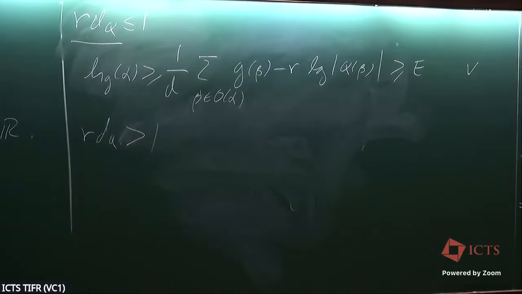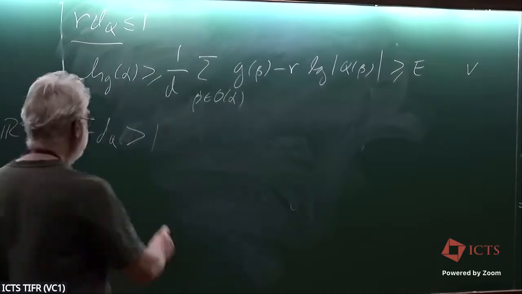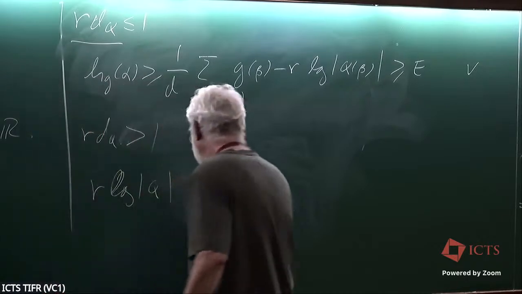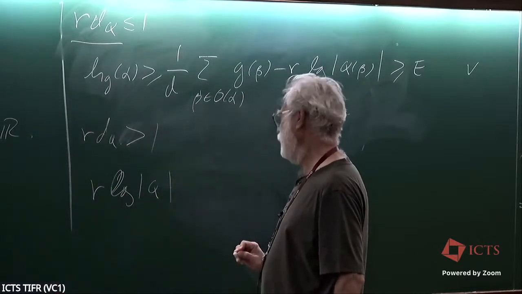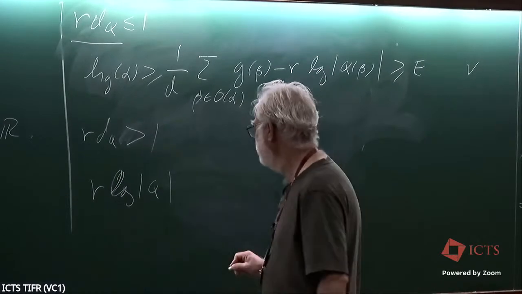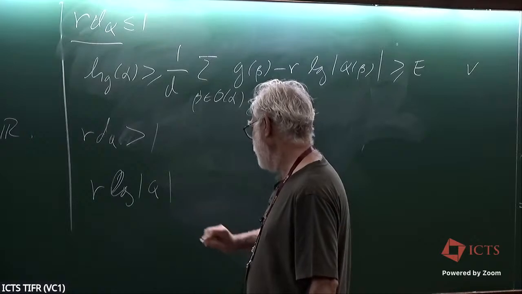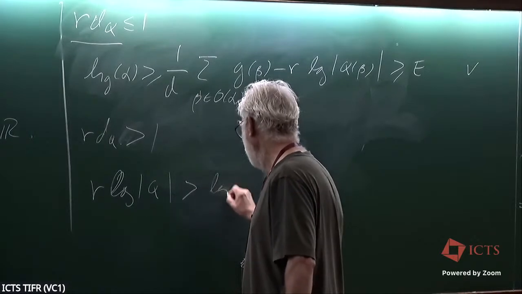Now my polynomial q has degree dq. If R times dq is strictly bigger than 1, this means that R times log of q is bigger than log of z.